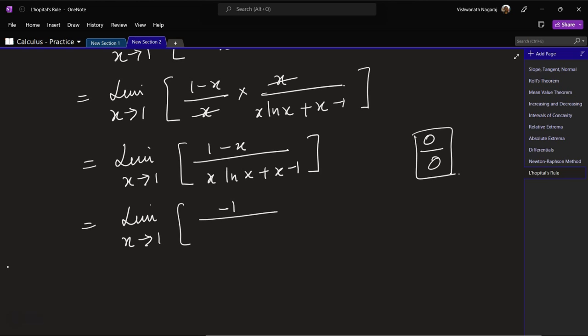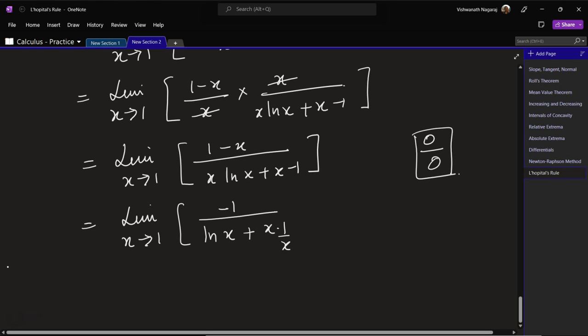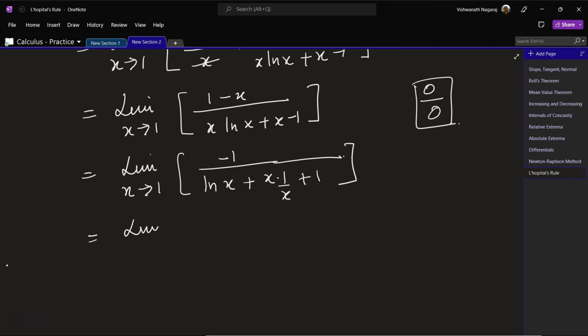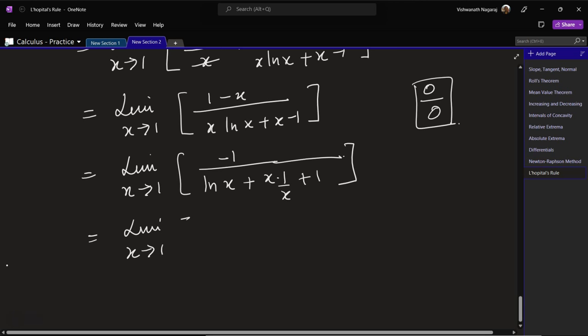So here chain rule. So 1 times natural log of x plus x times 1 by x plus 1. Now let's see, limit as x approaches 1 of minus 1 by, and x gets cancelled.